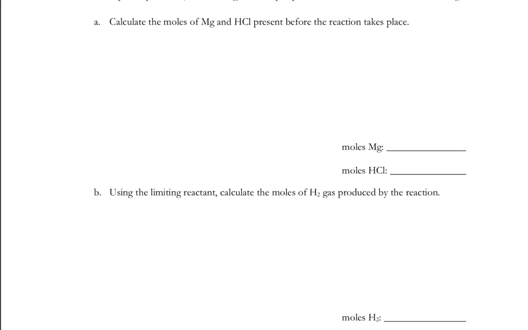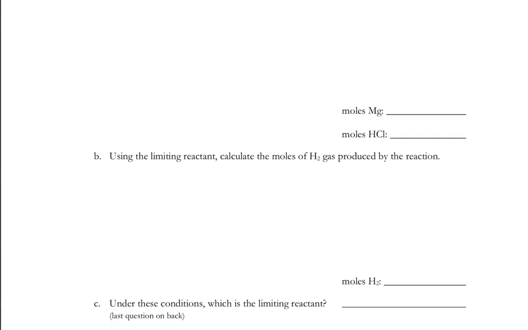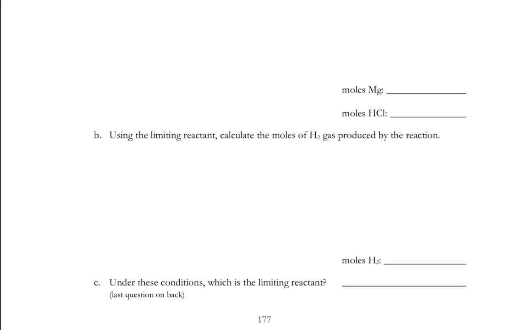That would give us the moles of HCl that we would need. Well, if we compare that to the moles of HCl that we have, we would find that it is much smaller. That means the HCl is in excess and the magnesium is the limiting reactant. So that allows us to answer C, the magnesium.